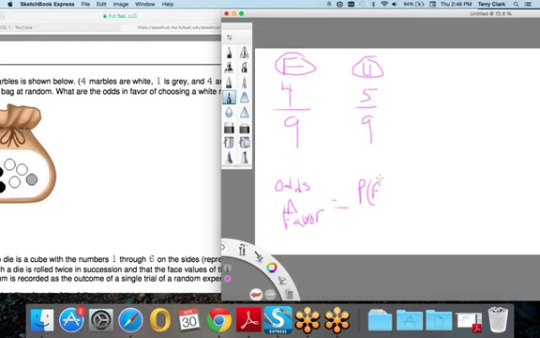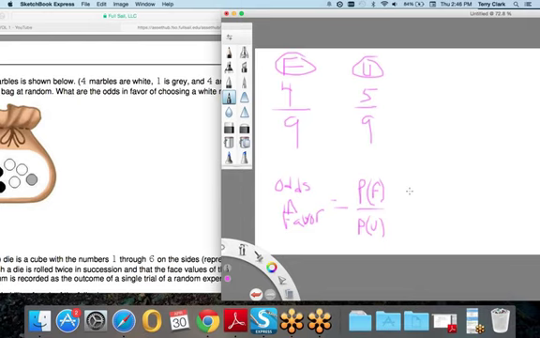This is the notation of how we say it. Okay, so the probability of favorable is going to be 4/9, and the probability of unfavorable is going to be 5/9.